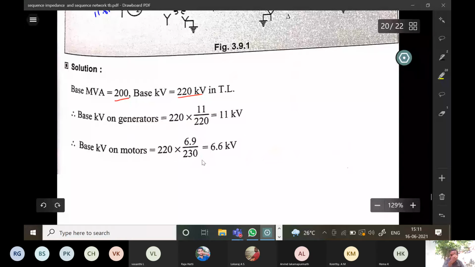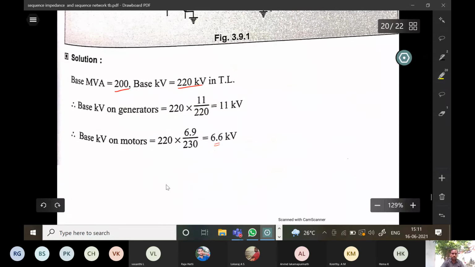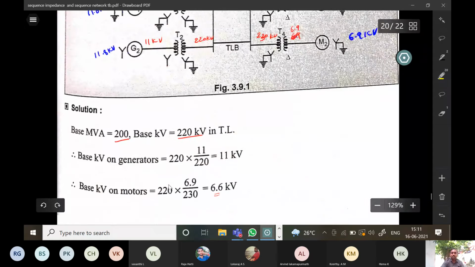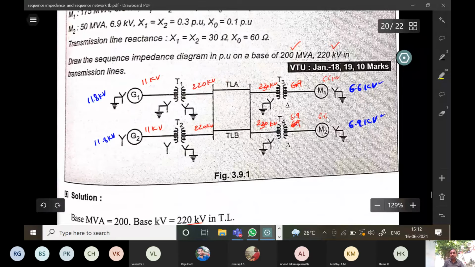The base kV on the HT side is 220, and 6.9 for the motor divided by 230 will become 6.6 kV. So the base kV for the motor is 6.6 kV itself. That is the base voltage for the motor.